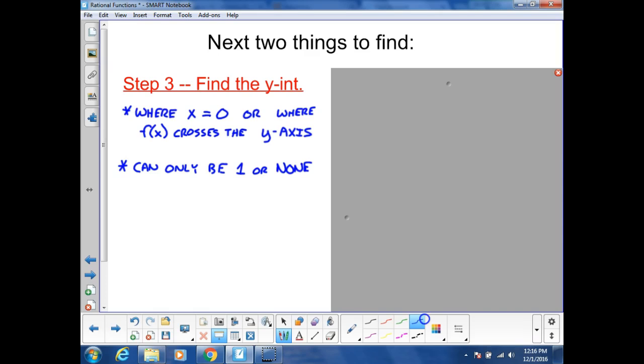I plug 0 in for x. So what am I really finding? Nope, that's inverses. Okay, so what am I finding then? I'm finding not f of x, I'm finding f of 0.